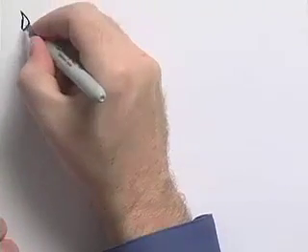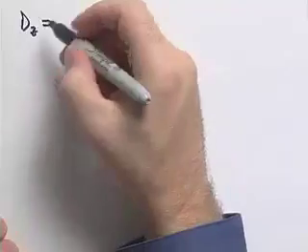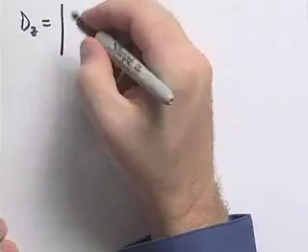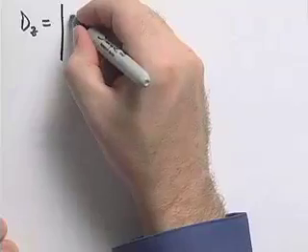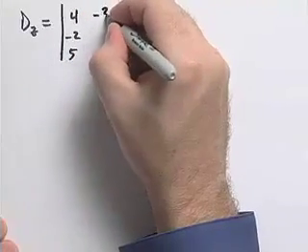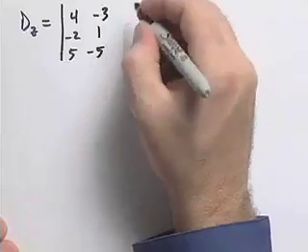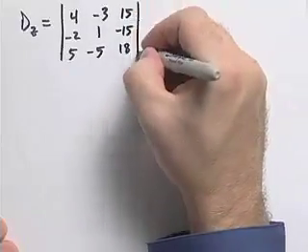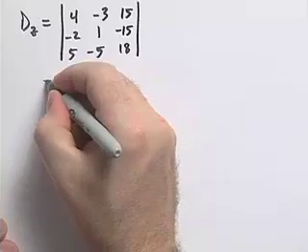Now we're going to find our last determinant, Dz. To find Dz, we're going to proceed, as we've done in the past, by replacing the coefficients for z by the coefficients on the right-hand side. So we get the determinant for negative 2, 5, negative 3, 1, negative 5, 15, negative 15, and 18. We'll just expand across the first row again.